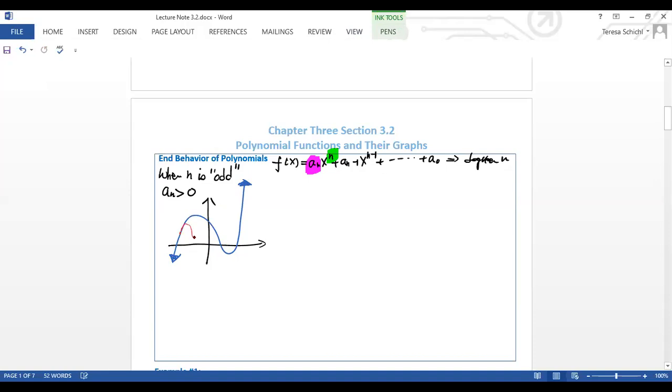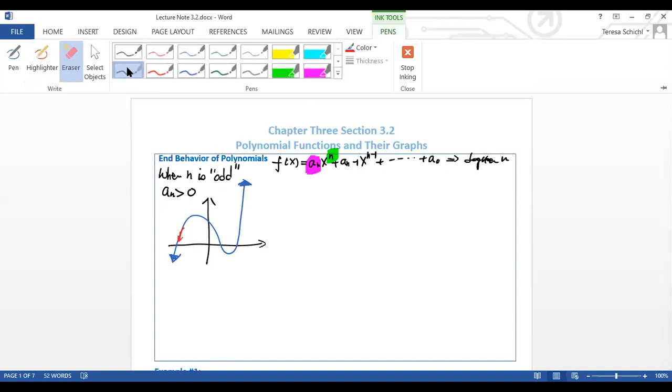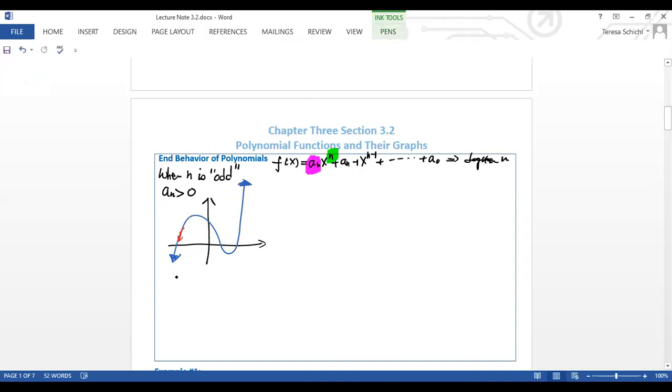But in the end, one needs to go up and one needs to go down. When a_n is greater than 0, the right side goes up and the left-hand side goes down.